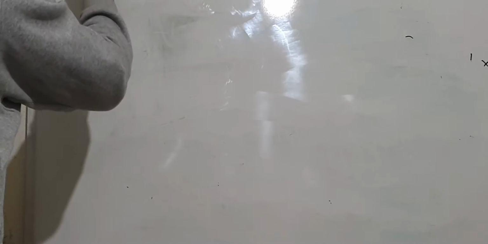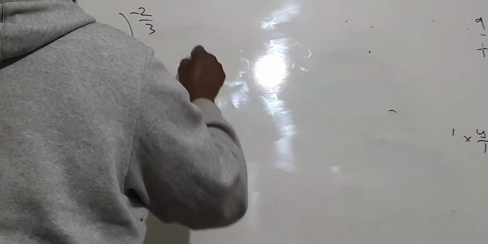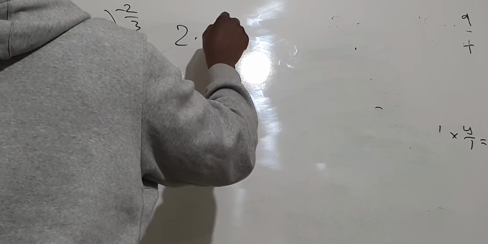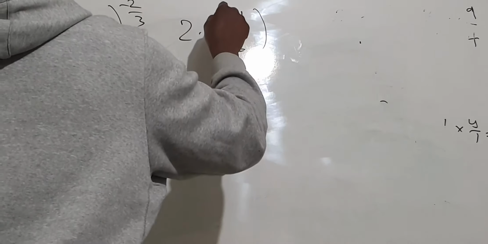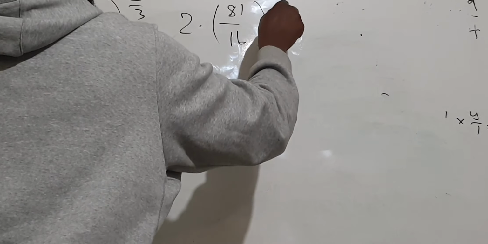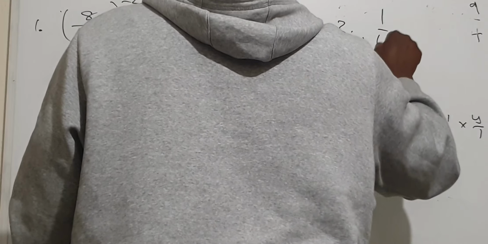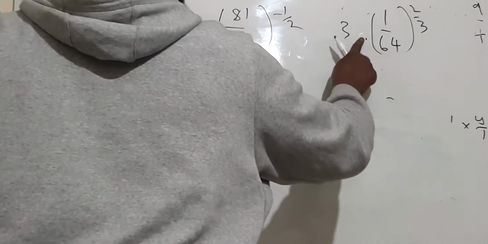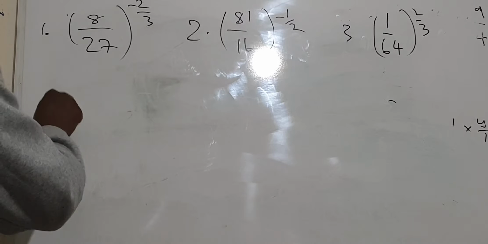But look at these questions. Number 1: 8 over 27 to power minus 2 over 3. Number 2: 81 over 16 all to the power minus half. Number 3: 1 over 64 all to the power 2 over 3. This guy is a killer.